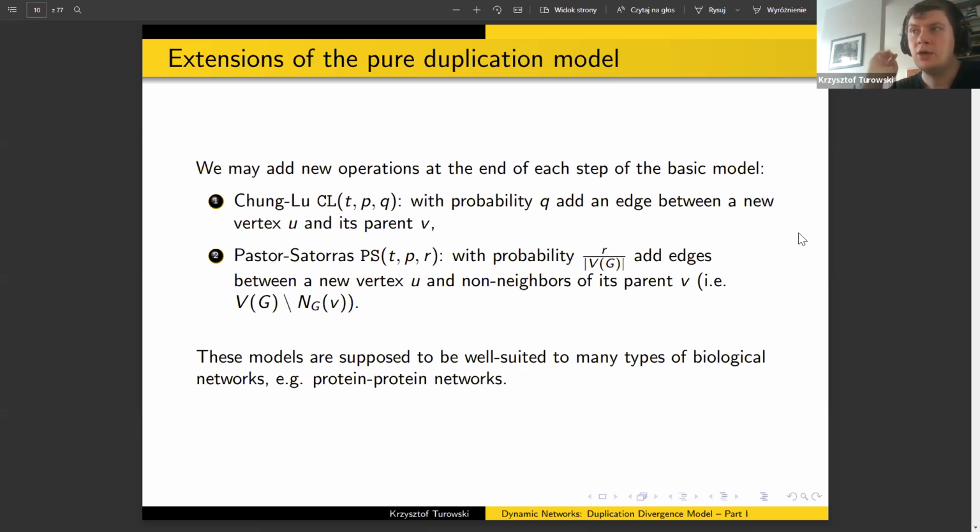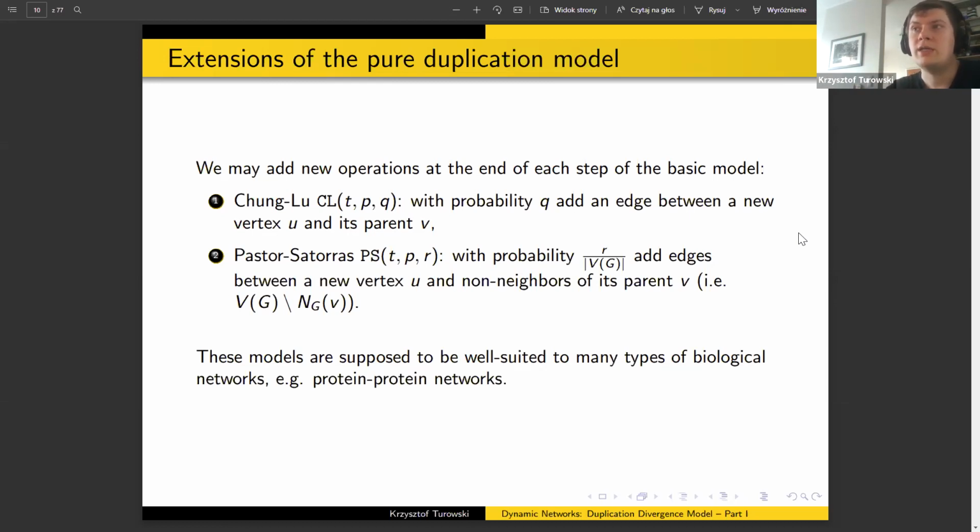We pick all non-neighbors of the parent of a vertex, and we flip a coin with some small probability, that is, some constant R divided by the number of vertices currently in the graph. We toss a coin for each non-neighbor of the parent, and if it comes up heads, then we join the new vertex with that non-neighbor. And this allows another round of divergence.